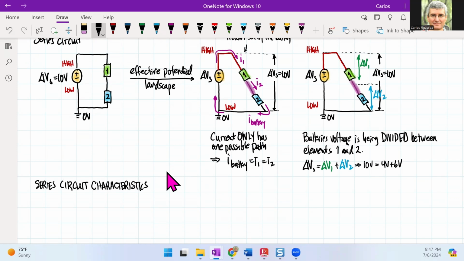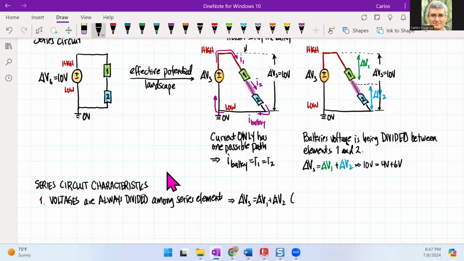The first one is that voltages are always divided among series elements. This is how we write it: the voltage source is the combination of the heights. This is known as Kirchhoff's voltage law, and we will talk about this in the next chapter.